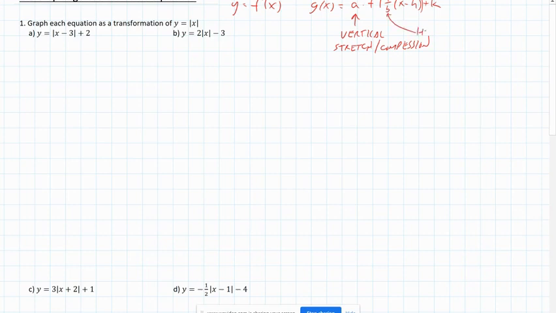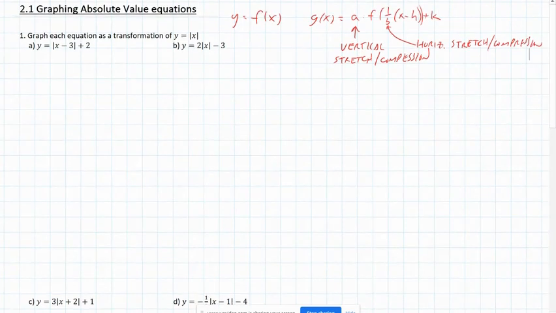B affects horizontal stretch and compression. H affects horizontal shift.